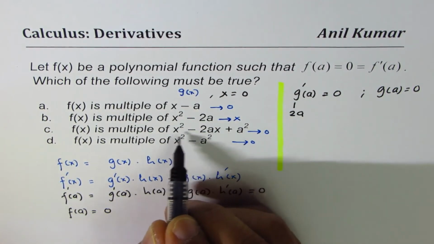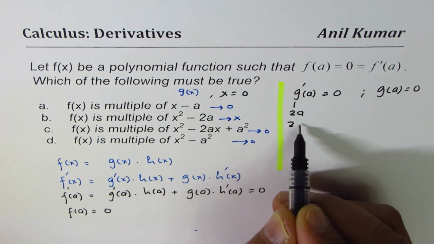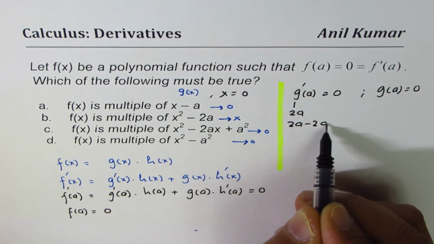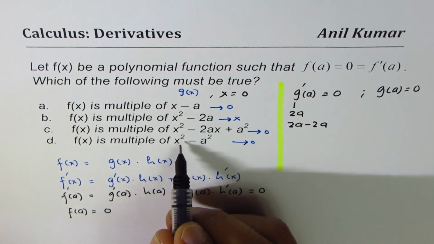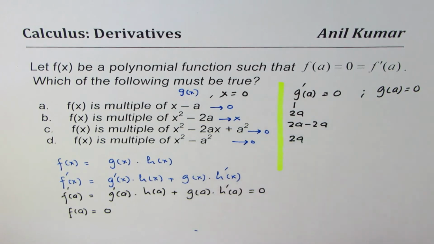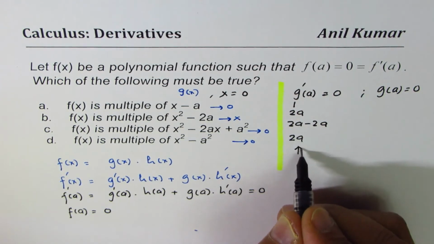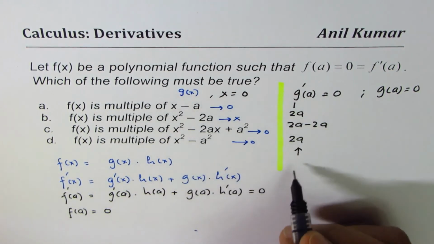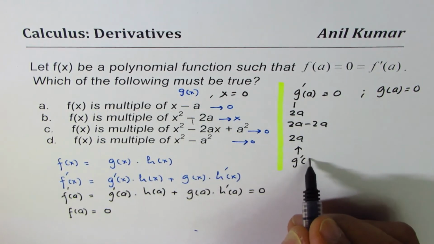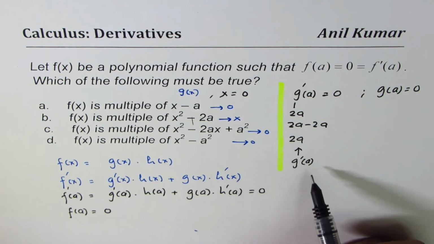The derivative of this function is 2x, which is 2a, and then we have minus 2a. Do you see that? Minus 2a. The derivative of the last function is 2a, right? So these are the derivatives of these functions at a, right? So I replaced x with a.